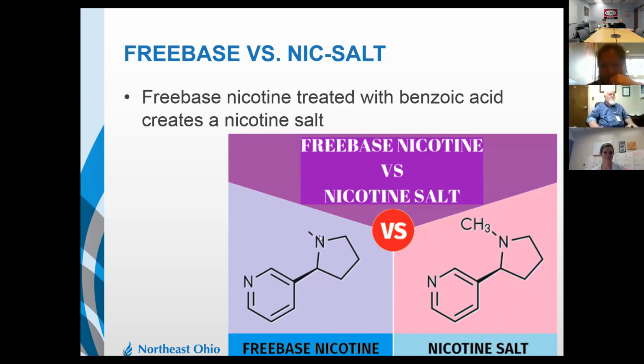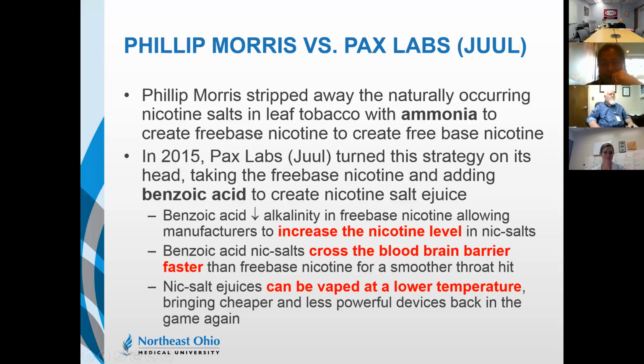And then what happens is very interesting in terms of corporate America. Philip Morris now has some competition from Pax Labs, because Pax Labs is the creator of the Juul. Philip Morris stripped away the naturally occurring nicotine salts in leaf tobacco and used ammonia to create freebase nicotine.